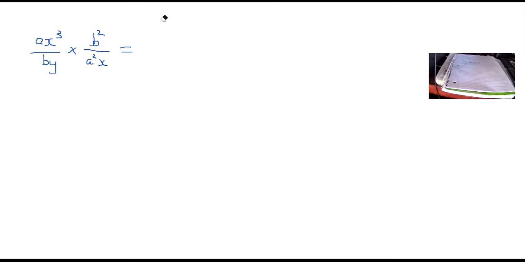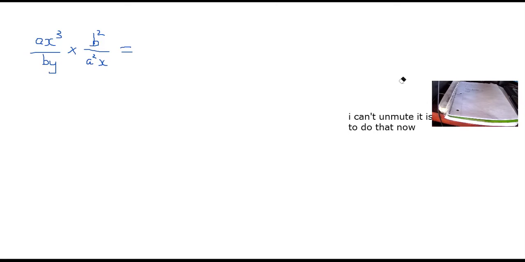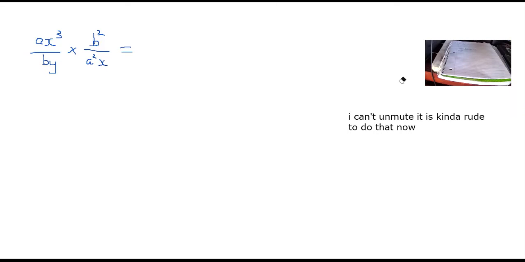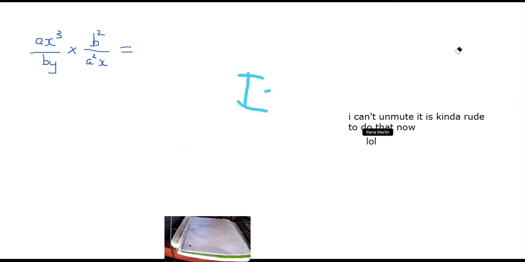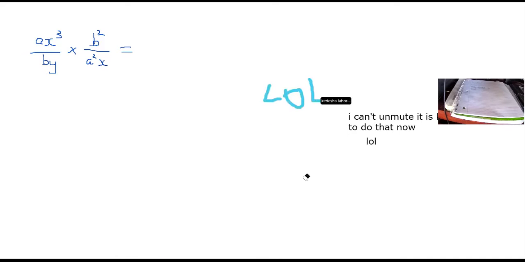So let's see. Somebody tell me. Of all the variables, I can't unmute what? Huh? It is kind of rude to do that now. How? What are you doing? What? What? How come? Okay.